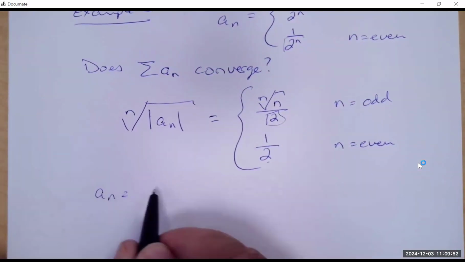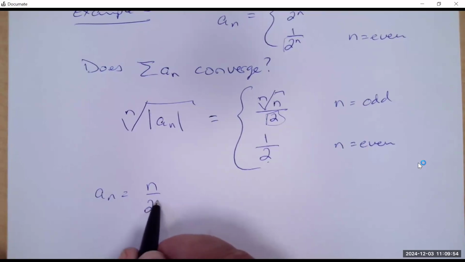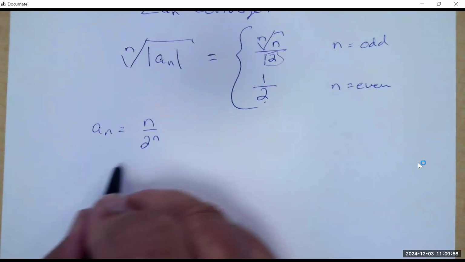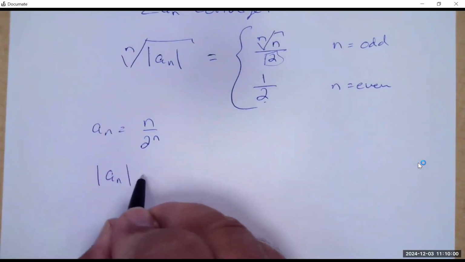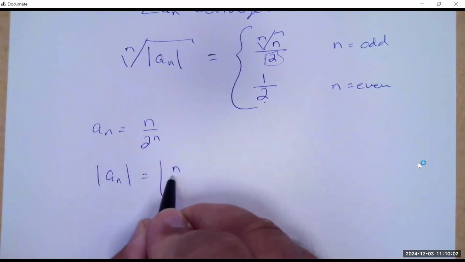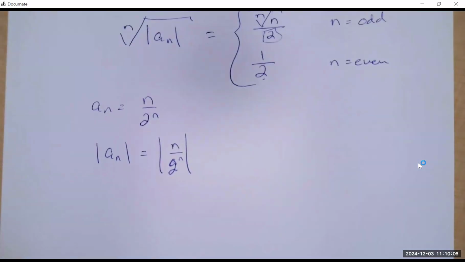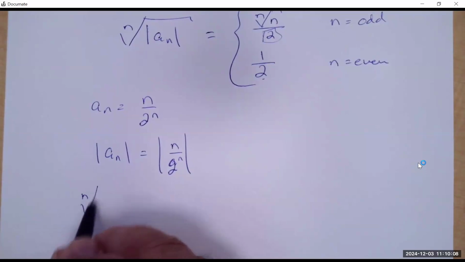A sub n is equal to n/2^n, right? Take the absolute value of it, take the nth root of it.